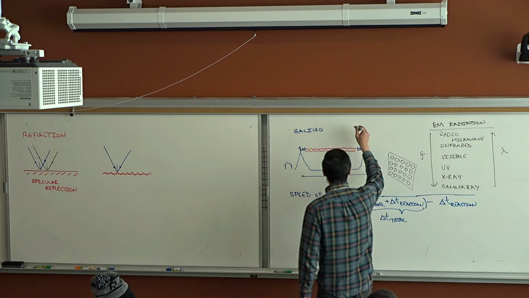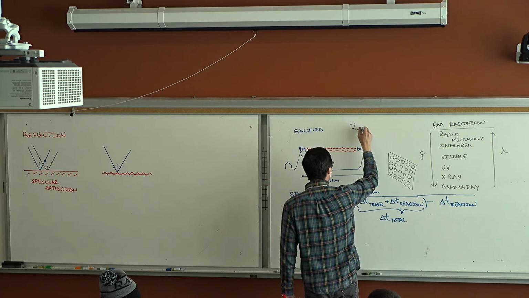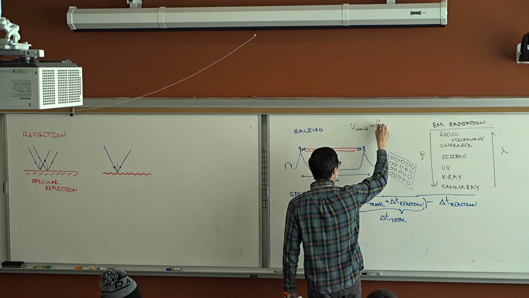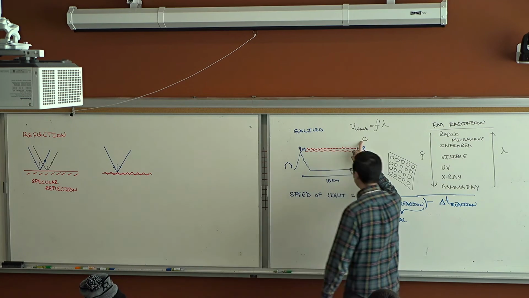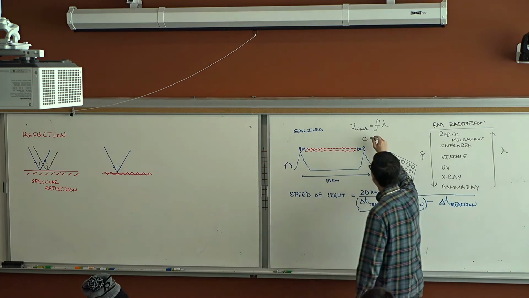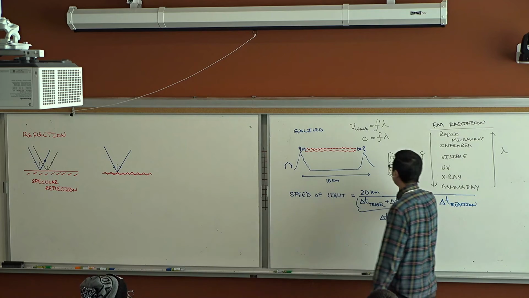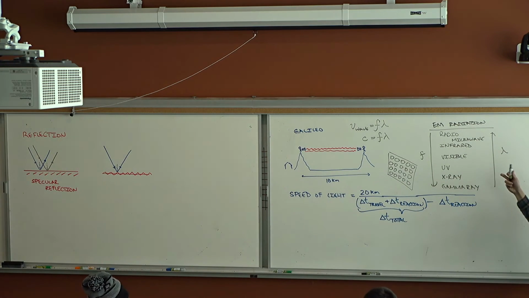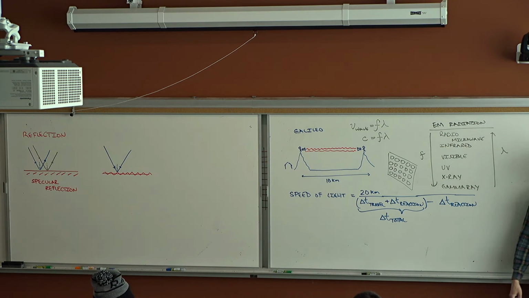Remember from your physics 130 days that the wave speed goes as f times lambda. In this case, the constant speed of light c equals f times lambda. So as the frequency increases, the wavelength has to decrease. Does that make sense? Yes.